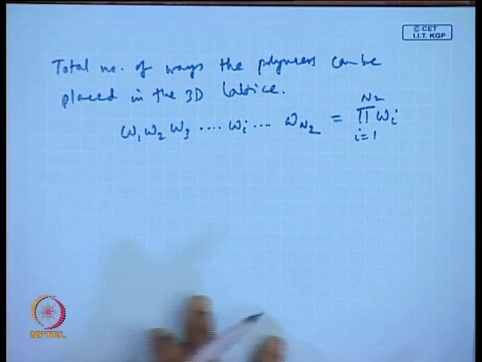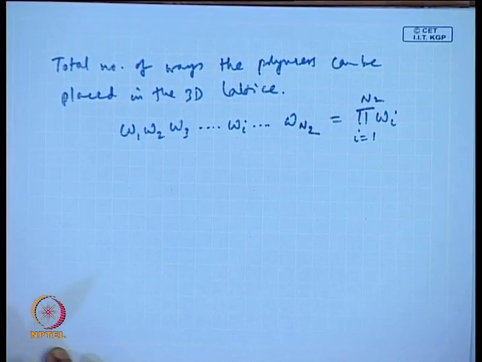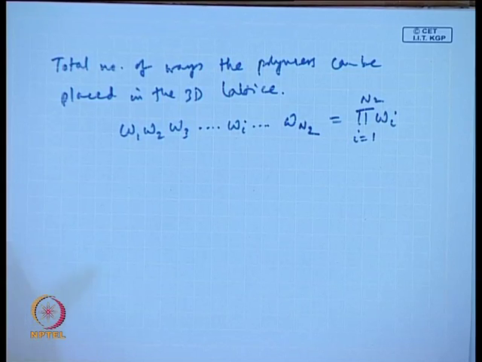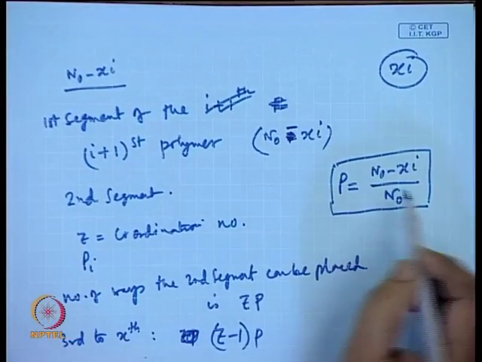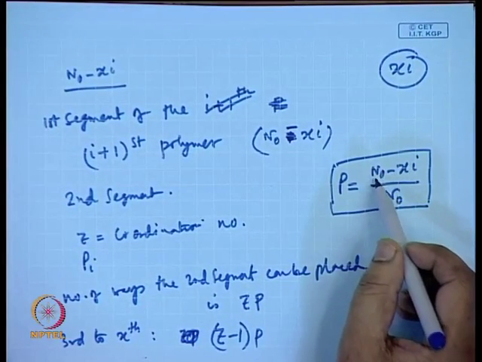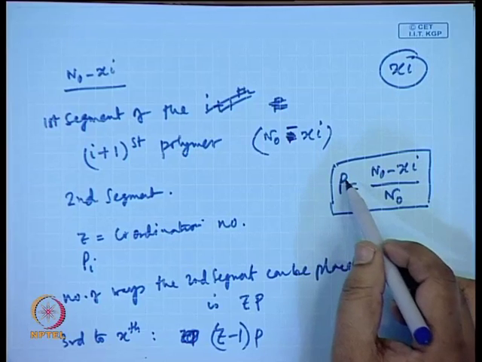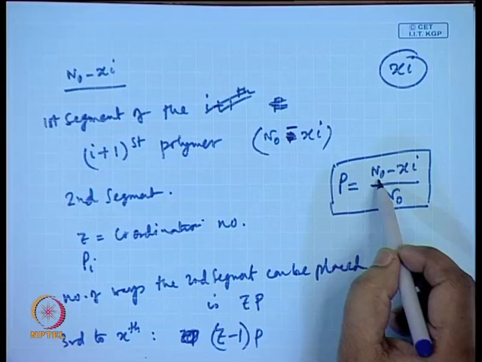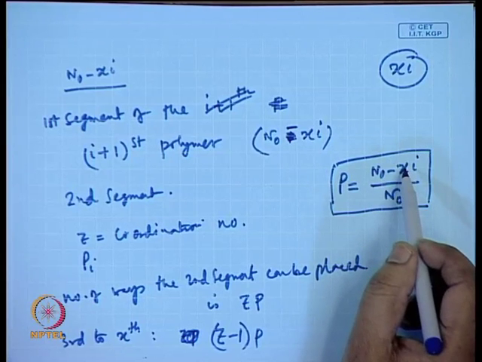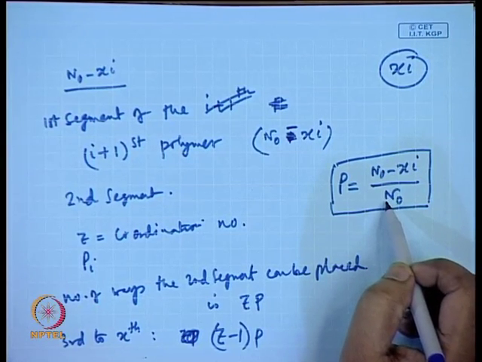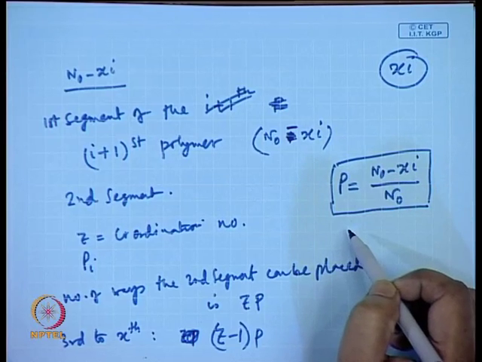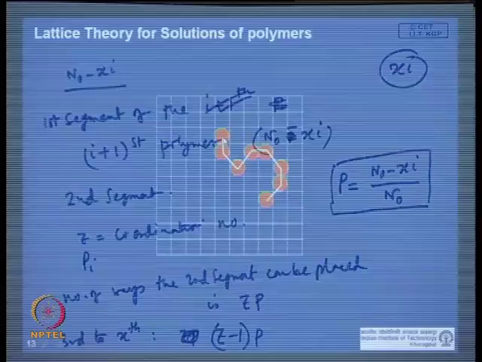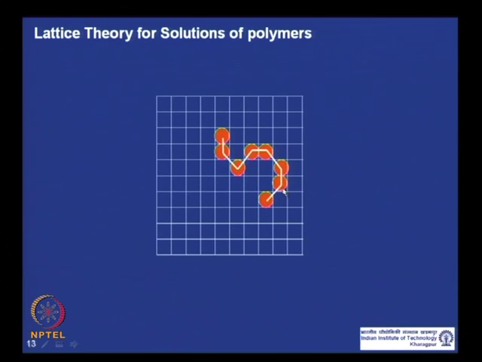Now, one thing you must have noticed is that when finding the probability P, we are just taking the chance or probability of one cell being vacant as the number of vacant cells divided by the total number of cells. But in an actual polymer chain, all segments are attached.